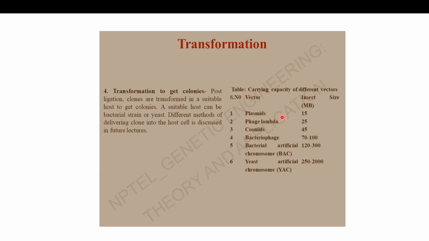Suppose the carrier is a plasmid, or phage lambda, which is a bacteriophage, again a virus, or a bacterial artificial chromosome, or a yeast artificial chromosome. Depending on the insert size, the maximum size of the insert DNA sequence that can be inserted into each vector depends on its carrying capacity. Plasmids can take up to 50 megabases of DNA.